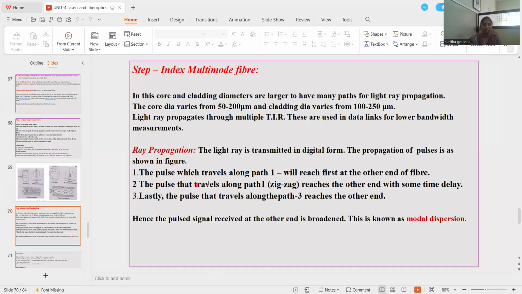Now see, the pulse which travels along the path 1 will reach first at the other end of the fiber. The pulse that travels along the path 2 zigzag reaches the other end with some time delay. Lastly, the pulse that travels along the path 3 reaches to the other end.